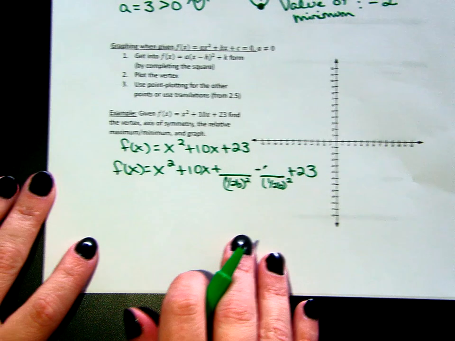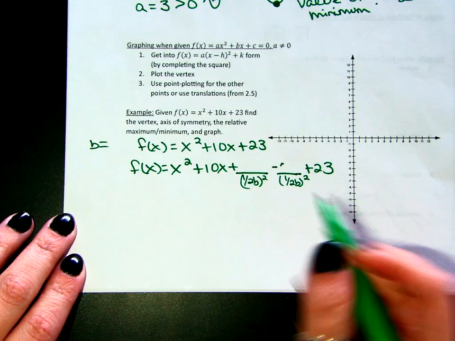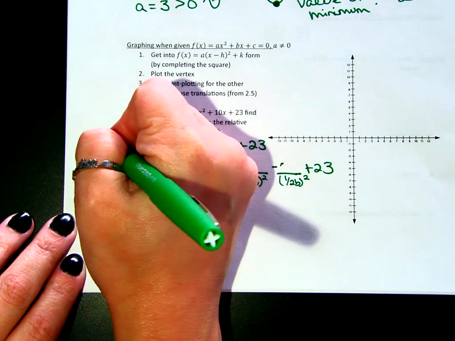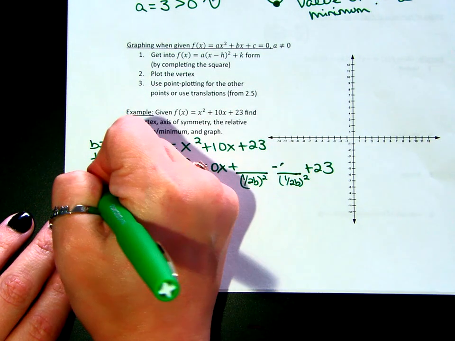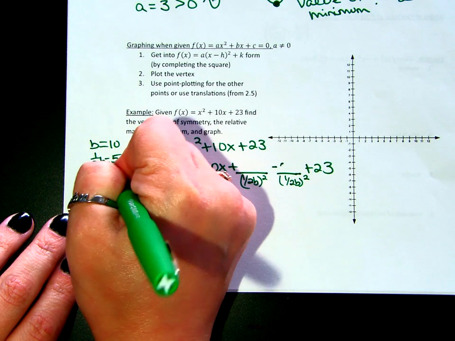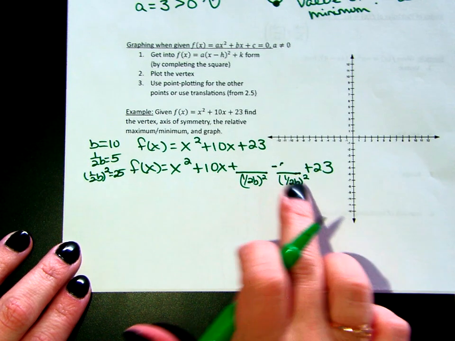So over here, I'm going to have b, which in this case is 10. My 1/2 b is 5. So my 1/2 b squared is 25. So what I put in these two blanks is 25.